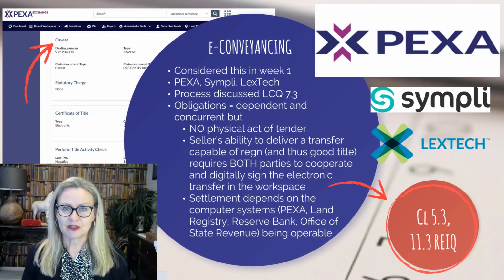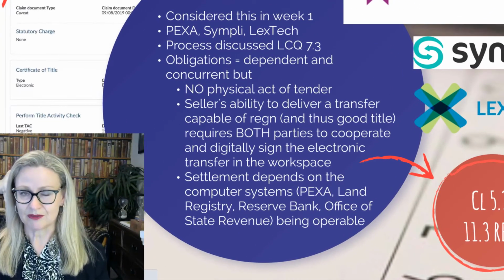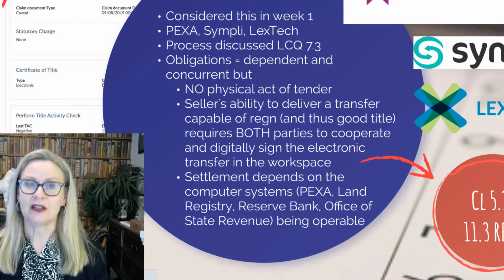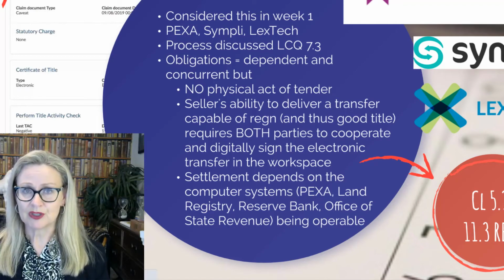What about the obligations of the seller and buyer in an electronic settlement? They are still dependent and concurrent obligations to tender performance. However, there's no physical act of tendering, obviously, because it's done electronically. But the buyer actually has to cooperate with the seller by digitally signing the transfer document in the workspace.